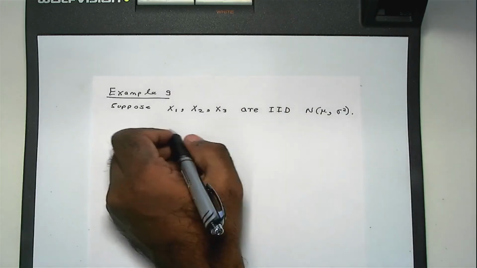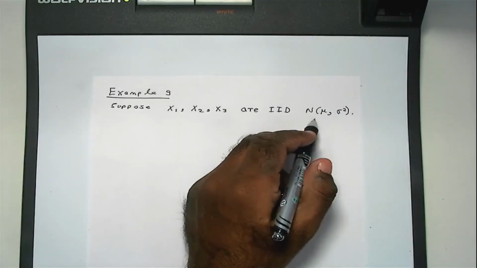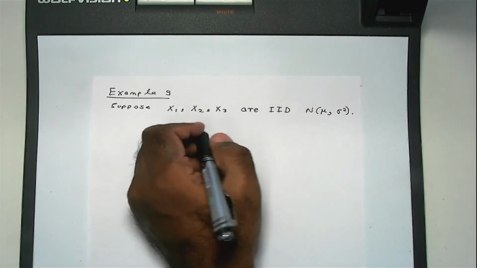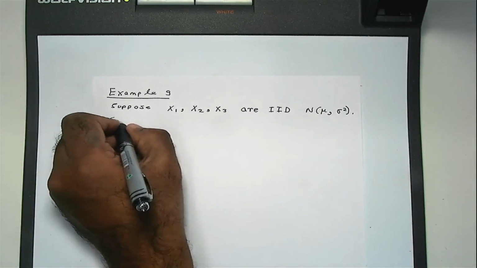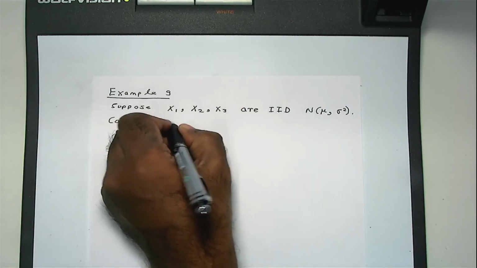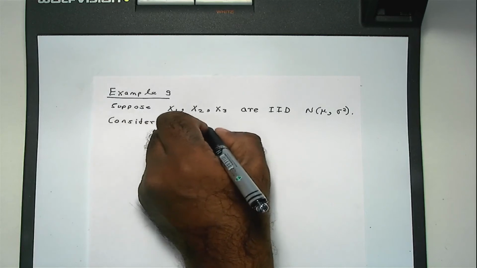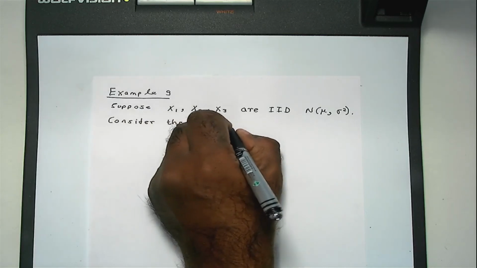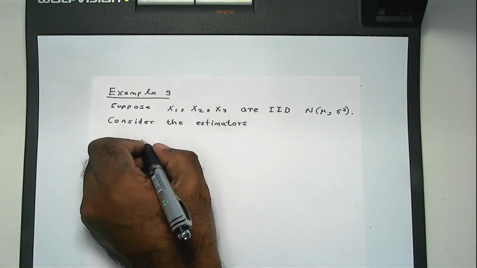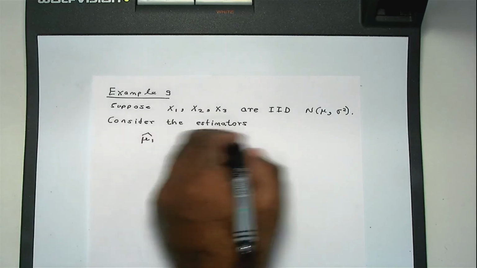Right? You have three observations from a normal IID, from a normal distribution with these parameters. Consider the following estimators. So we have two estimators once again. Both of them are estimators for mu.